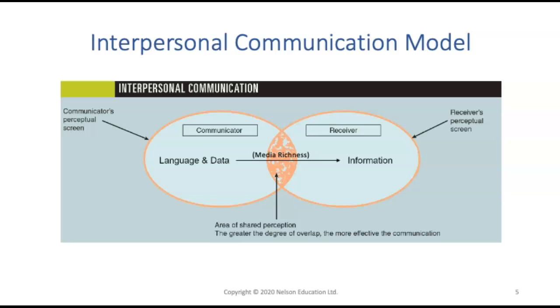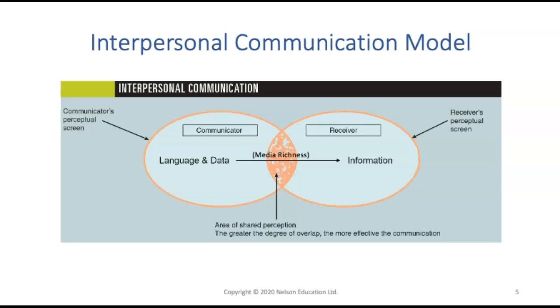And that makes it hard for people to understand when they're using language that they're not familiar with, right? They're being communicated to in ways in which they don't understand the various meanings of the language. And then the other component is the data, right? What information is that person trying to transmit to the other person?